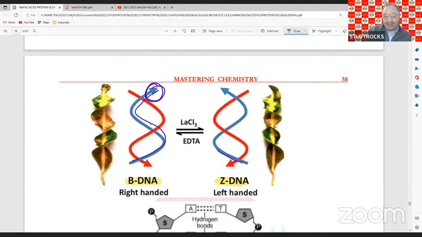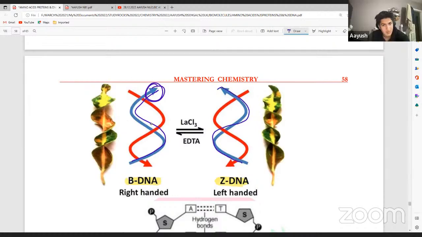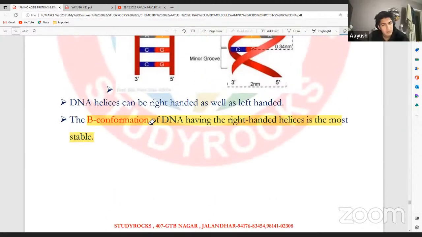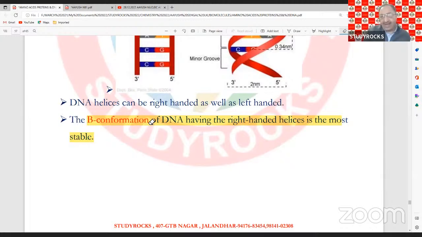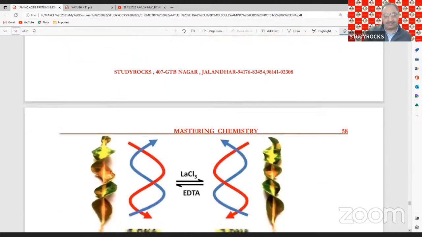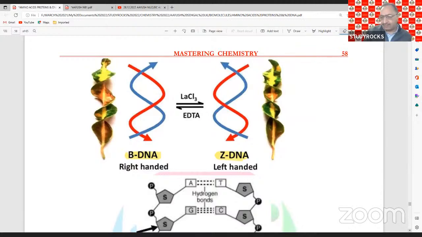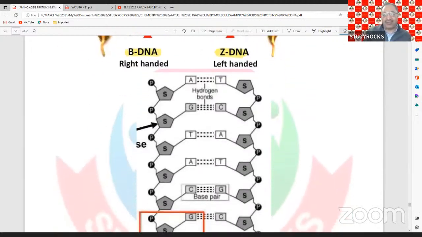And on this side, it is going in the opposite direction, as per the strands. These have been given names on the basis of how the strands are going up. Now you understand, in B conformation, DNA having right-handed helices is the most stable. This is right-handed. And they keep on changing into one another. And it's a diagram that we were drawing earlier on.